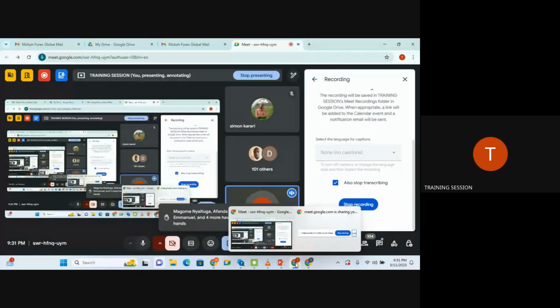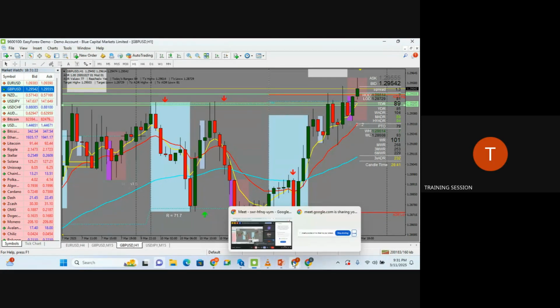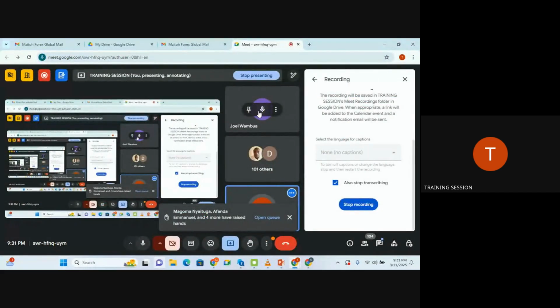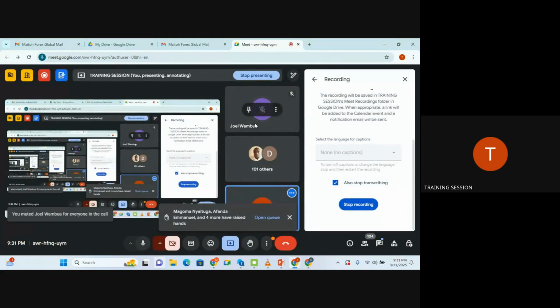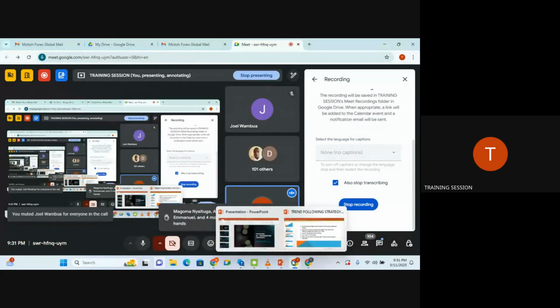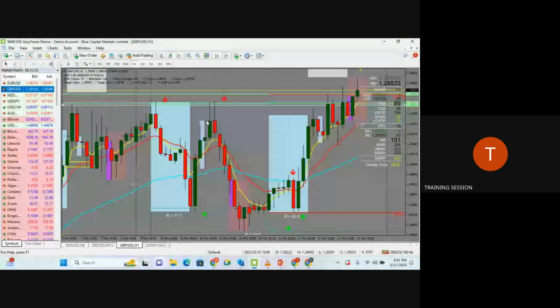So we call this bearish inside the bullish. And this one is bearish engulfing. The same thing with bullish. This person is unmuting the mic. Joel Wambua, you have a question? Let me mute you again. Let's not unmute our mic unless you can write down there on the chat if you have a question. We can maybe handle that.